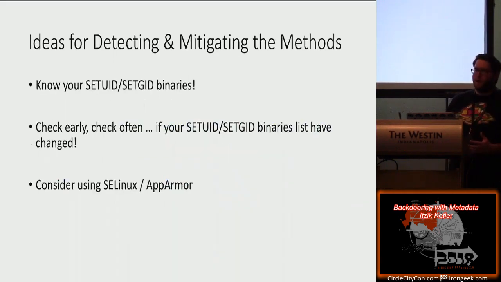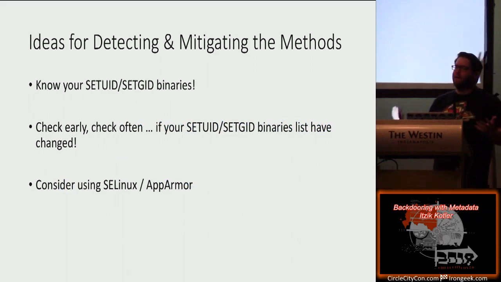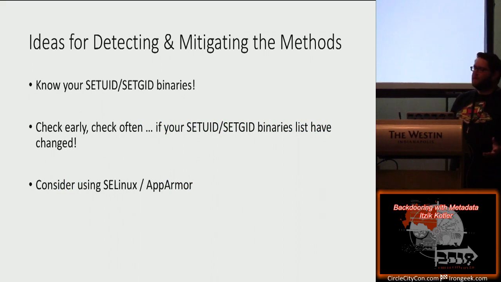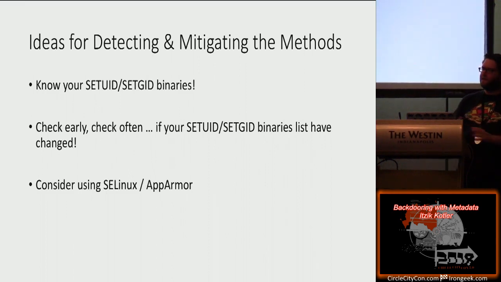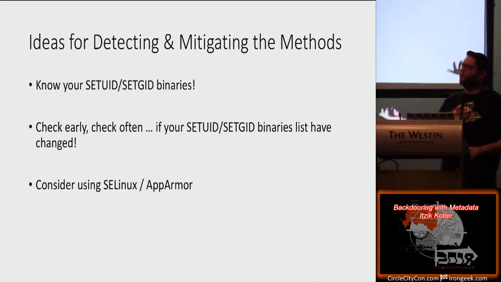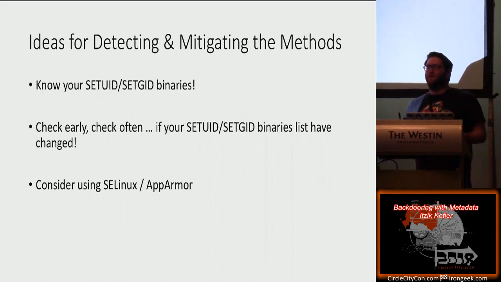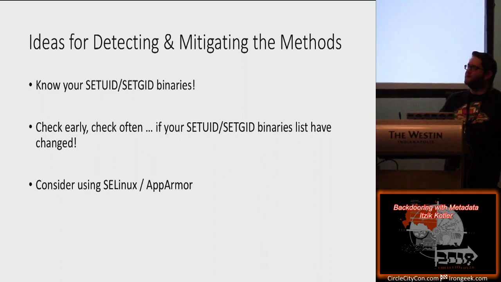Let's talk a little bit about the detection and mitigation of this technique. Up until now, we were very happy about what we achieved. Let's see how we can defend against it. First and foremost, in any current system, there are a number of setuid or setgid binaries, the G standing for group, as the U stands for user, because you can also have tricks where you change to a certain group, and then from there maybe use sudo and other techniques.